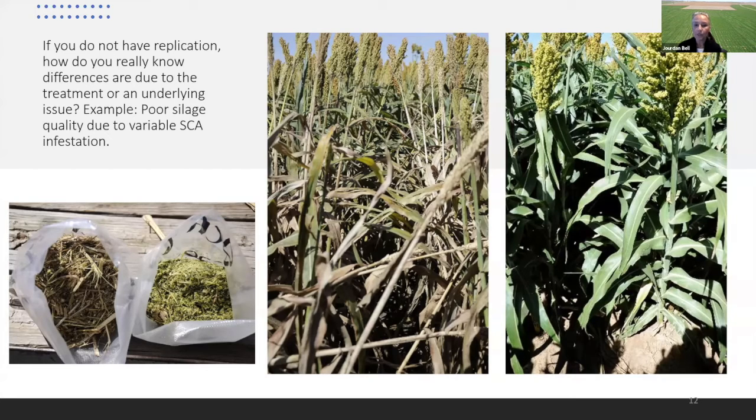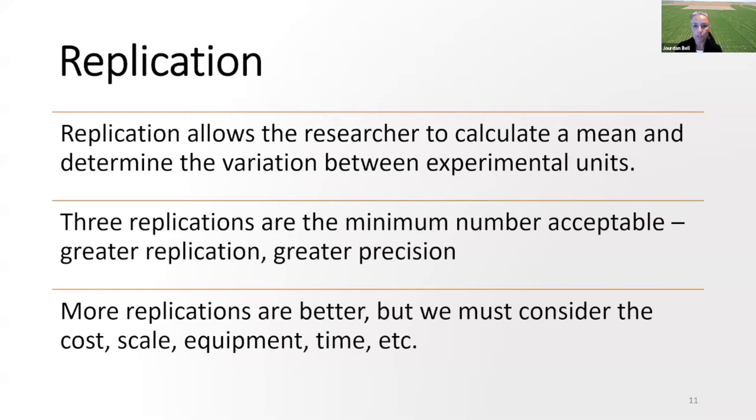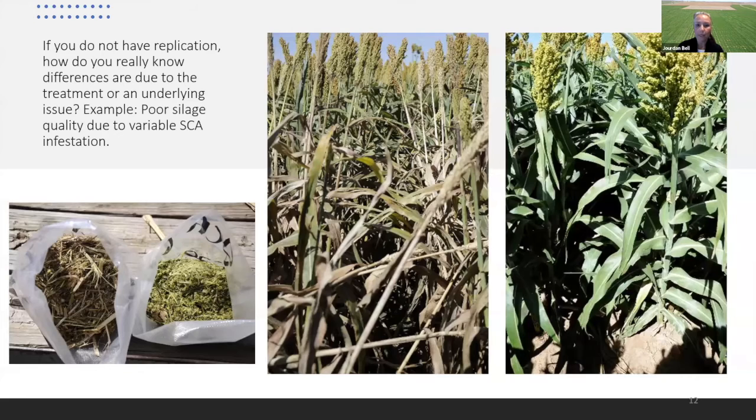And so if this was just a demonstration, looking at two different hybrids, how would we know if the difference was actually due to the hybrid or due to another treatment, or was it due to the sugarcane aphid infestation? So having those replications also does allow you to account for spatial variability within a field.